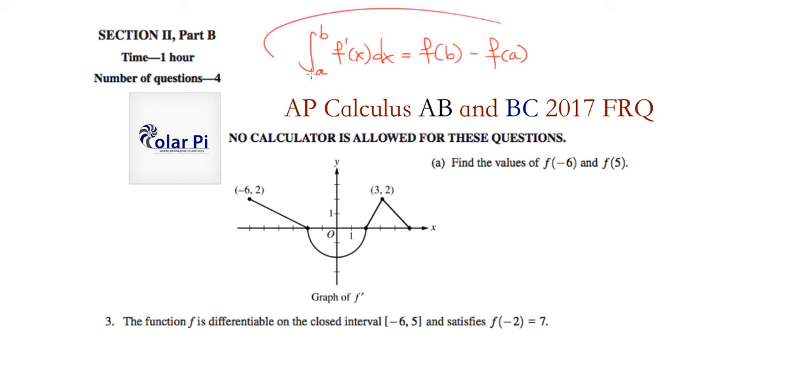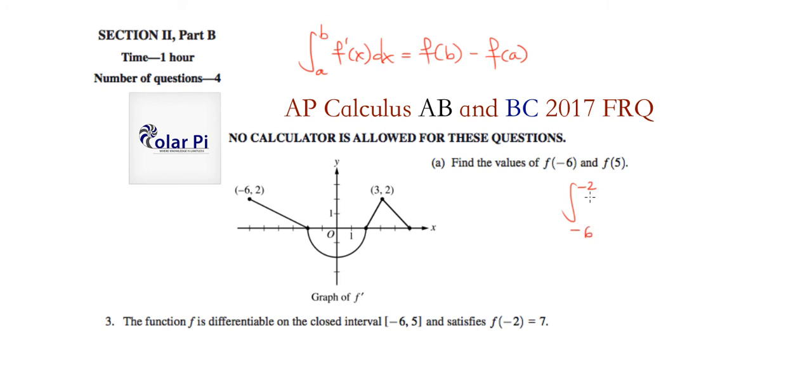So to find f of negative 6, we need the integral from negative 6 to negative 2, so we involve negative 2 and negative 6, going from the smaller number to the bigger number. I think this is the easiest way forward, and you should elect something like this anytime a similar question is given to you.